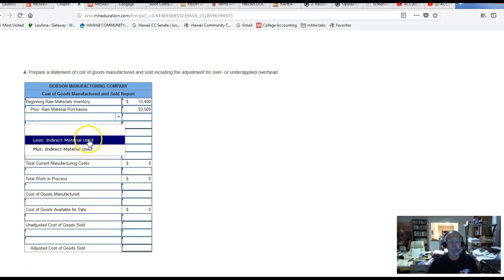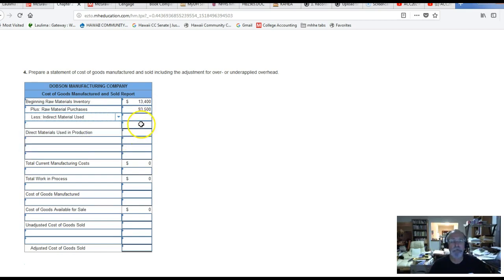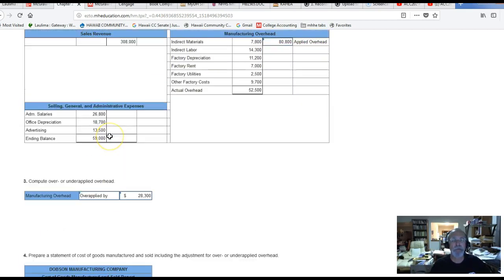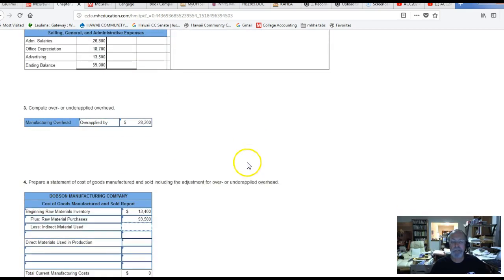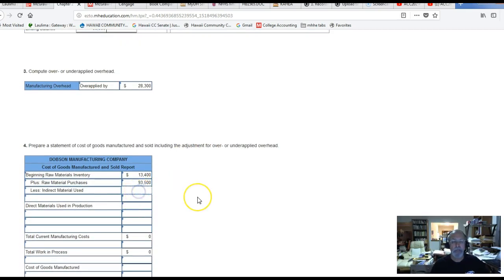So we need to take that amount out of our raw material purchases. To get that amount we can go back to our T account and go to our manufacturing overhead account, and that'll show us that the amount of indirect materials was 7,800. And I believe we probably need to put this in as a negative amount.